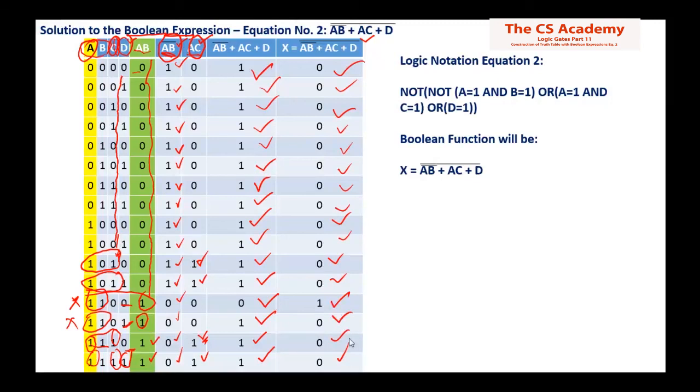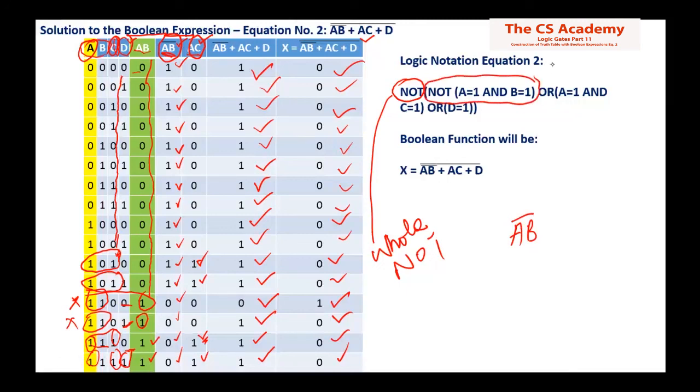So now moving on to the logic notation for equation 2. This is the NOT applied to A and B, this is (AB)', and this is OR, connecting with this operator.